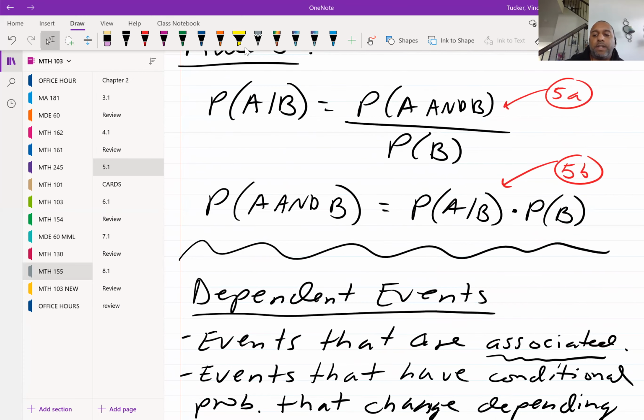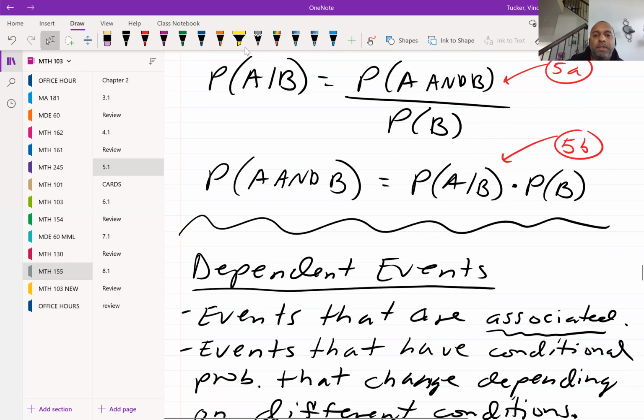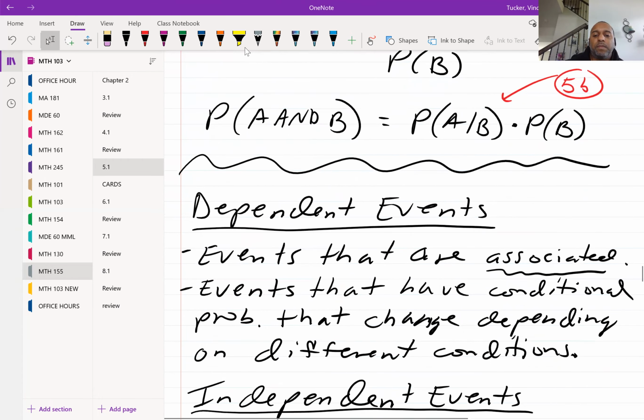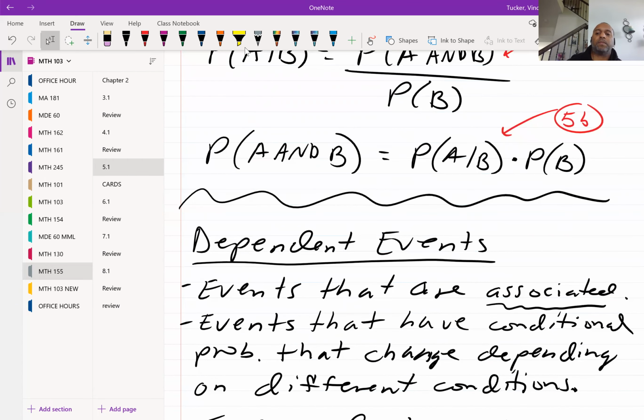And we're going to use that in a second, but they go into dependent events to give you an official definition. So dependent events are events that are associated, events that have conditional probabilities that change depending on different conditions.